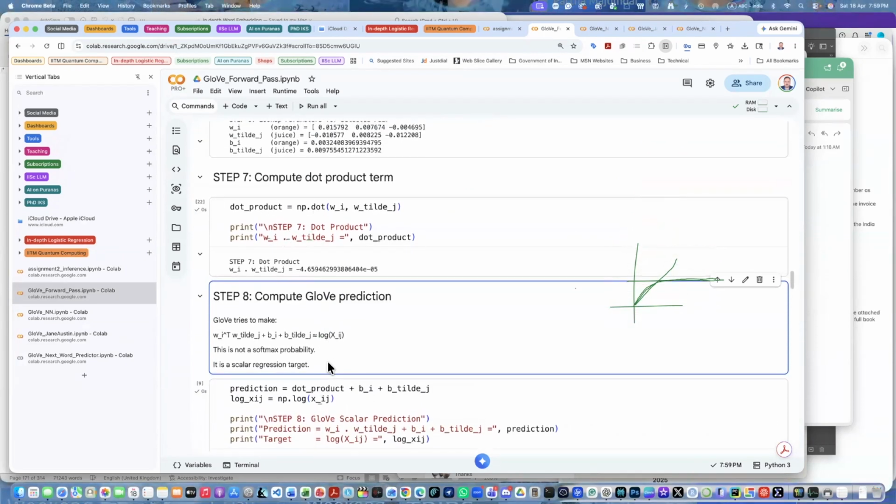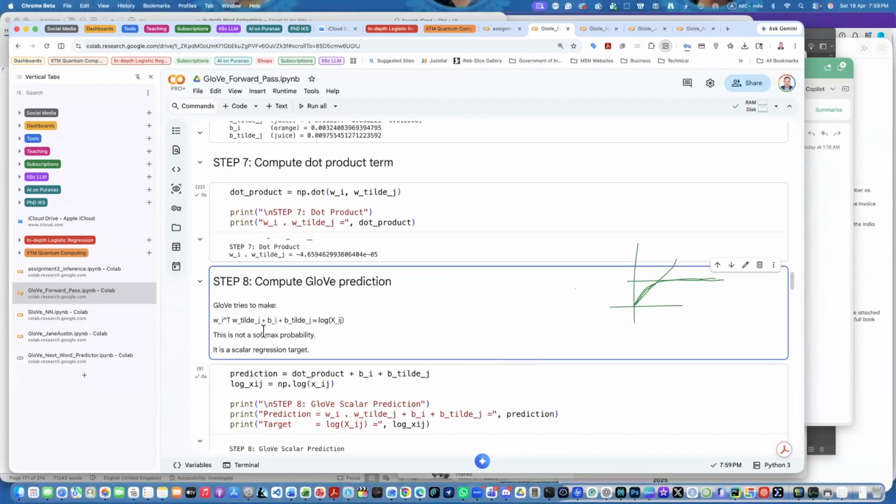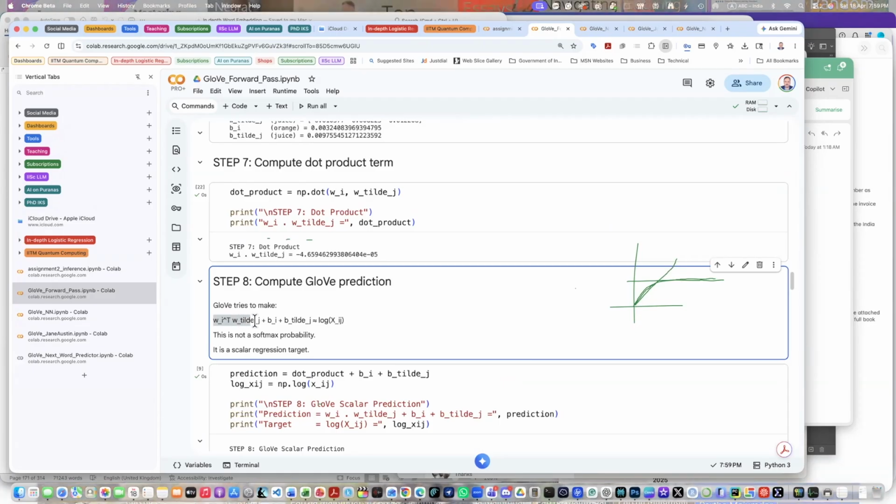Now I make a calculation, because I want to ultimately arrive at a loss function. I calculate Wi times W tilde j, which I have done in the dot product, and I add the bias terms Bi and B tilde j, and this becomes my prediction.